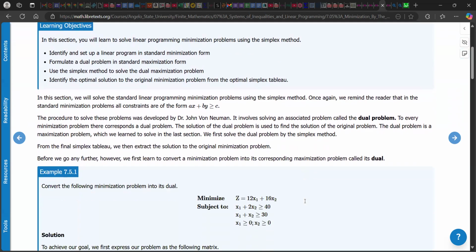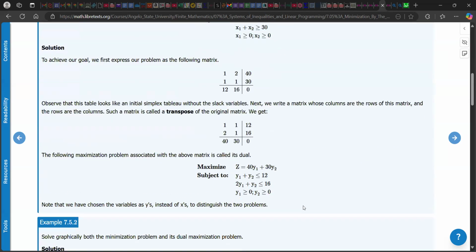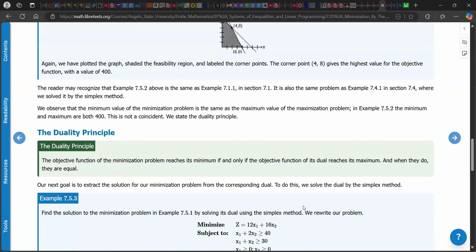Use what we call the duality principle. What the hell is that? It says the objective function of the minimization problem reaches its minimum if and only if the objective function of its dual reaches its maximum. And when they do, they are equal.